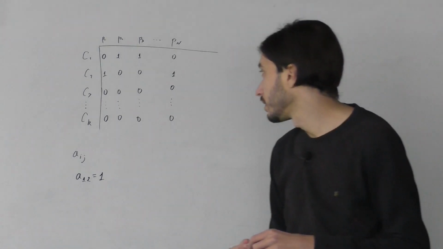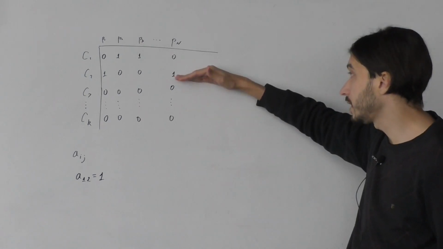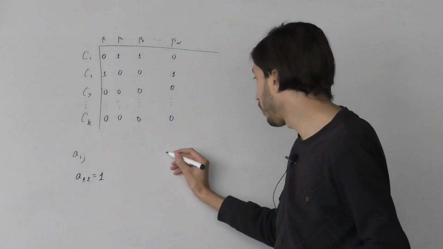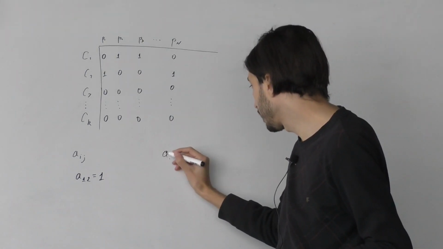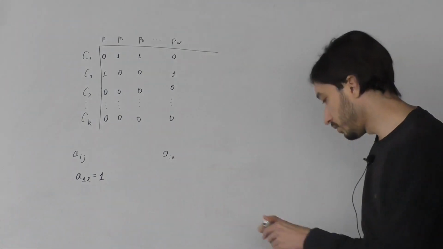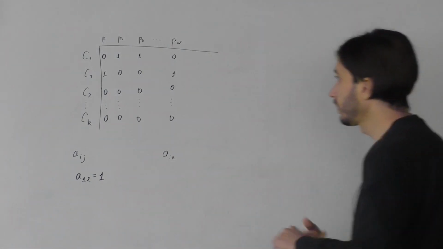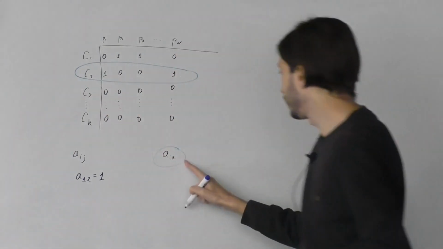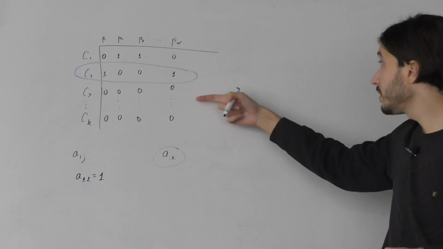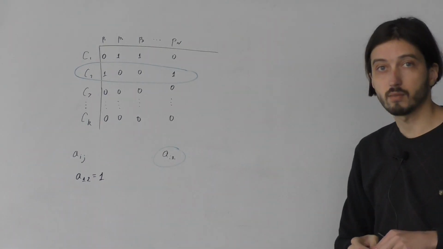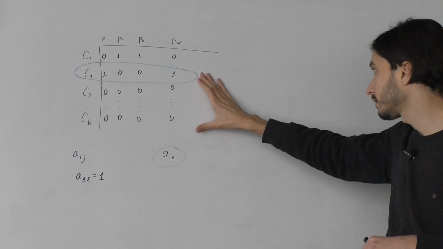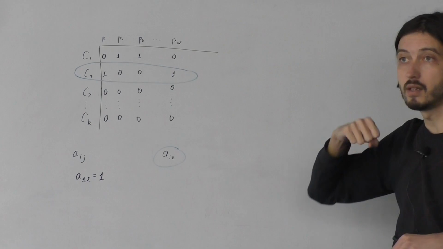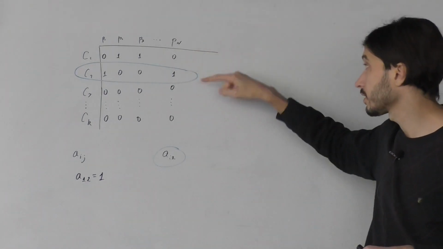So I may consider, for example, some row of this table, for example this row 2. That means that I'm considering all a_i2. That will take me to this row, and I can extract some information from here. I can calculate, for example, the number of points that I have in cluster 2.